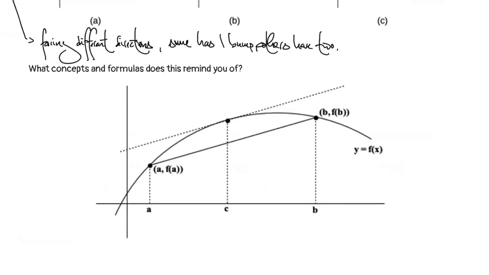So if we take a look at this line right here, one of the reasons that I have been asking us about average rate of change a lot is that this is our average rate of change. We can also call it that secant line. And then we have this other line hanging out here, and this one we describe as our instantaneous rate of change, or maybe our tangent line, right?